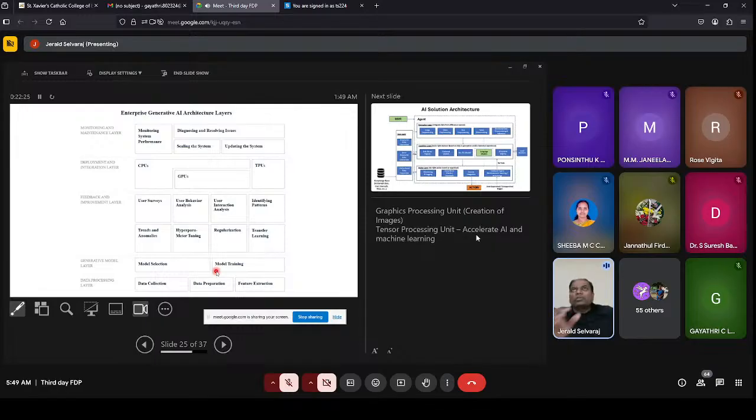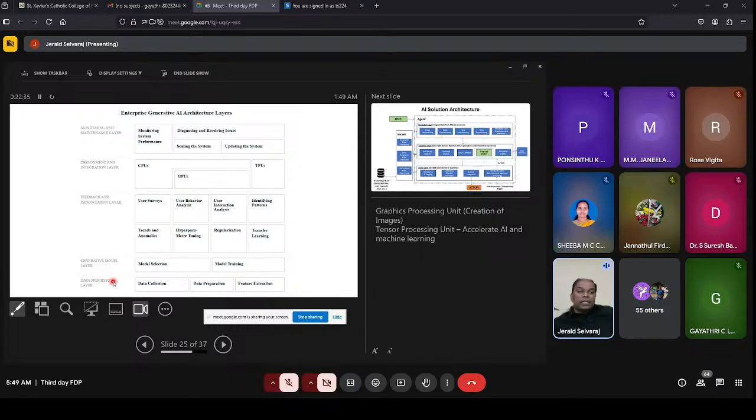But if you want to build this AI technology, first you need to understand how the enterprise architecture works. This is pretty much a standard architecture diagram. You can see the data processing layer where you collect all the data. Then the generative model layer comes into the picture. This is where the model is created, and we train it based on available data. Then on top of that, we supply all the feedback, what kind of user input and everything.